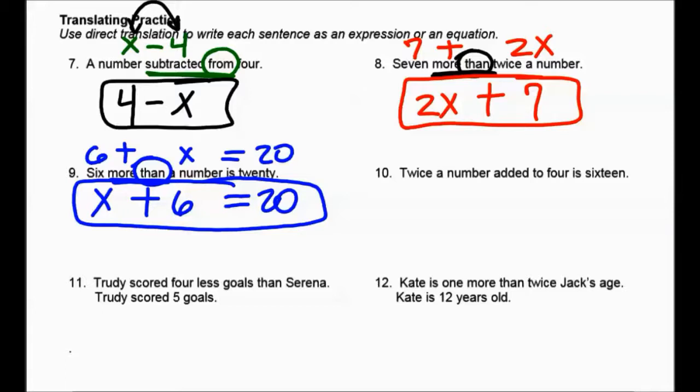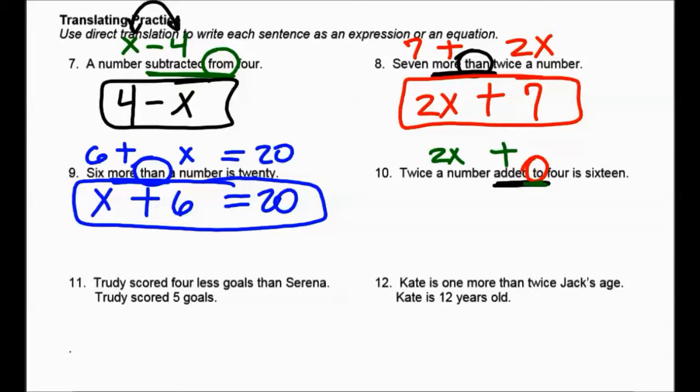Okay. All right, this one people tend to miss. Added to 2, from then to switcheroo. All right, so twice a number would be 2x. Added to means addition, but again, we have that switcheroo word.